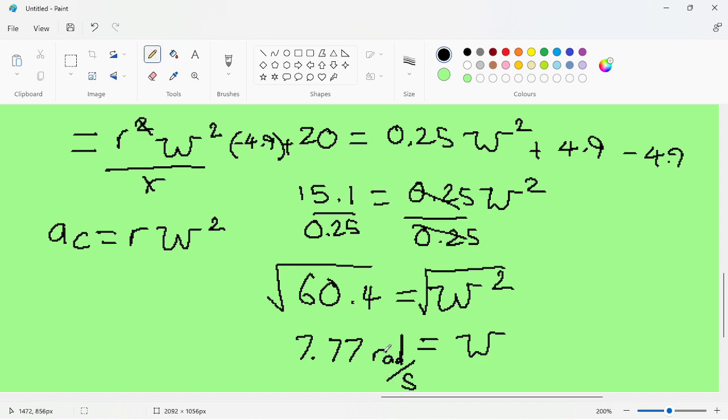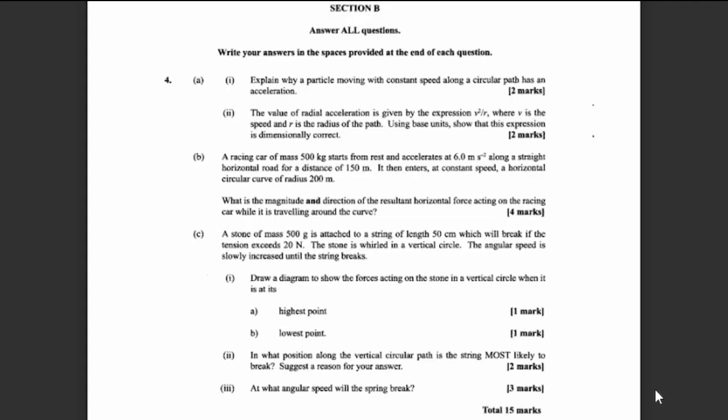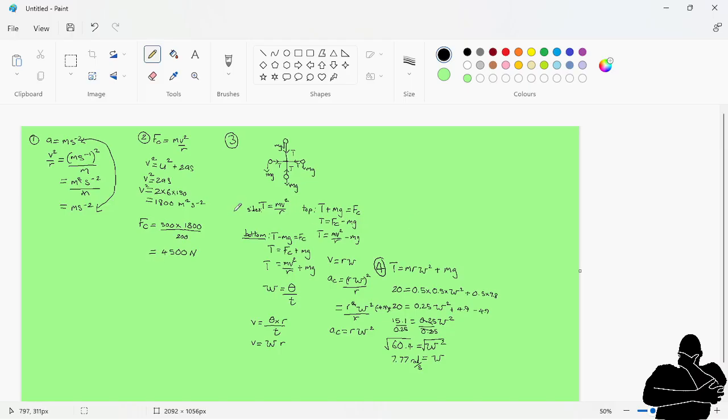You could also write degrees per second, but then you would have to convert 7.77 radians into degrees, and the answer you get would be your answer in degrees per second. After doing all of that, you would have finished the last part of question number 4. And if you had done all of this working out and the explanations, you would have acquired 15 marks.